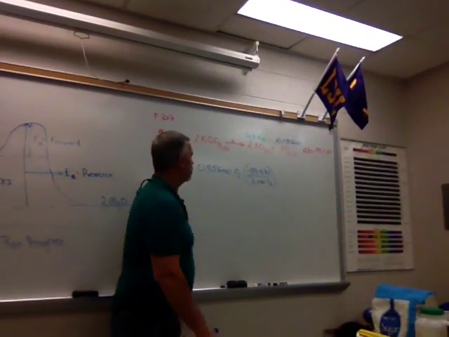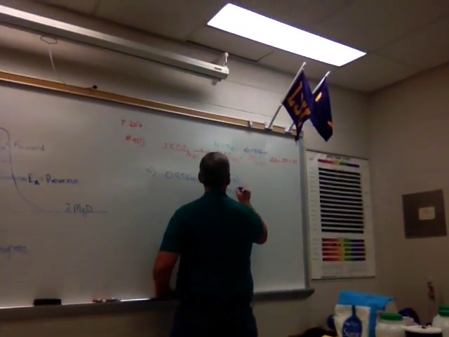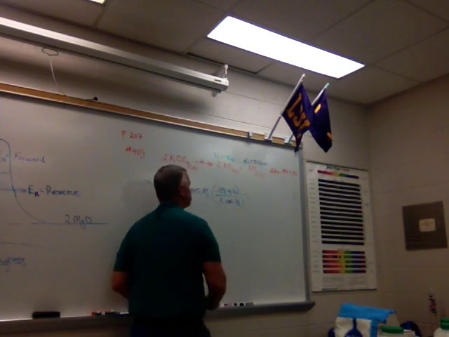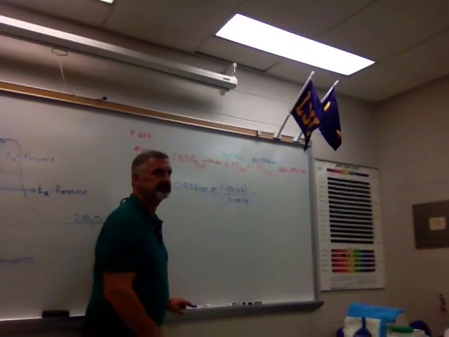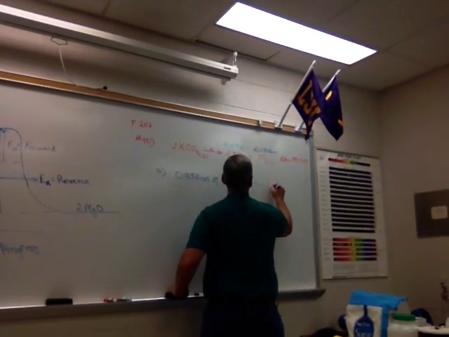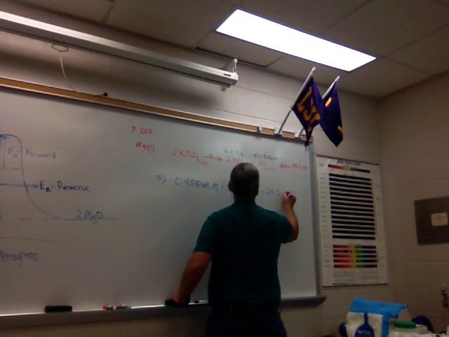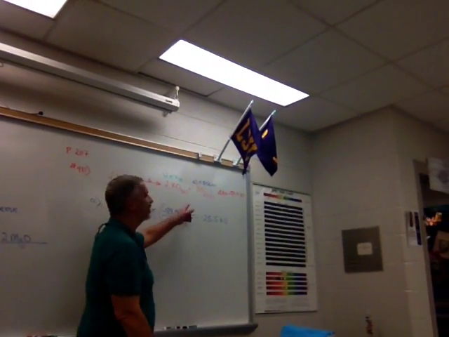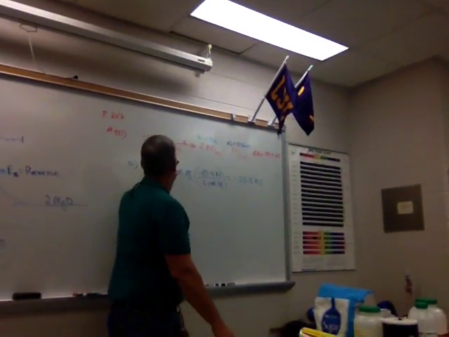Okay? So then the moles of O2 cancel, and it's going to give me the number of kilojoules. What does that come out to? Negative 25.5 kilojoules. So that's how much energy is going to be released if this decomposes.